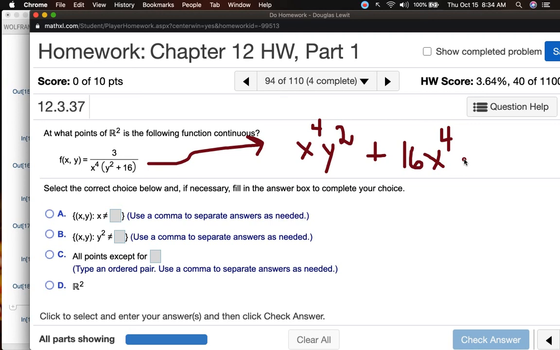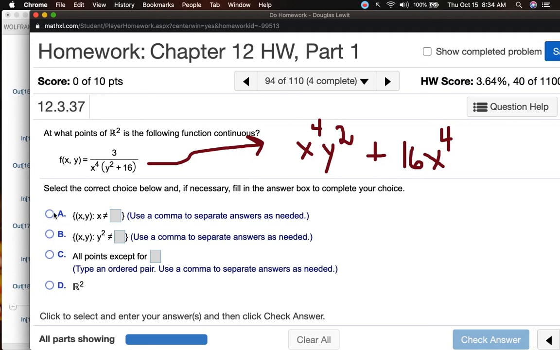Okay, now think about this denominator. When is this going to be equal to 0? If x is equal to 0, then this expression becomes 0, and this expression becomes 0, which means I'm dividing by 0, right?